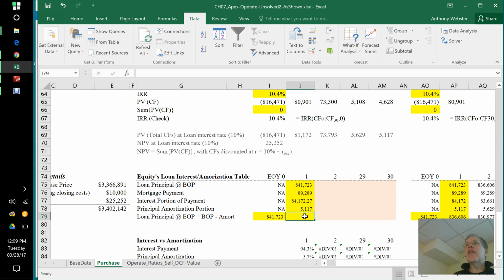And I think Nikhil told me this before too, so who else could tell me now what's the new principal balance after we have made a payment? Some of it was interest, some of it was amortization. Yeah, minus the amortization amount. That's perfect. So we're just going to say equal to this minus this.